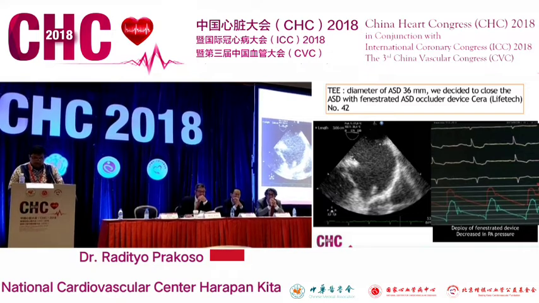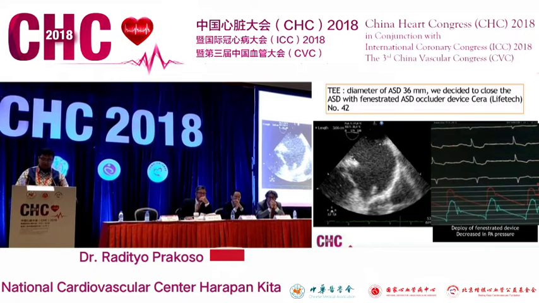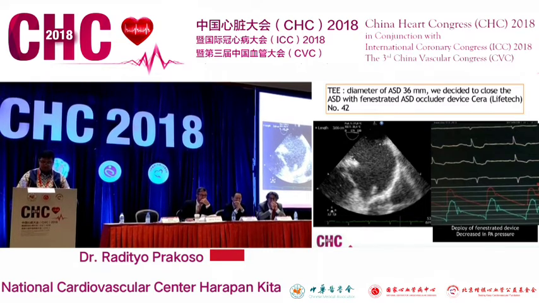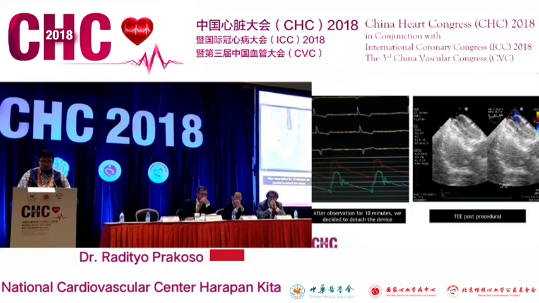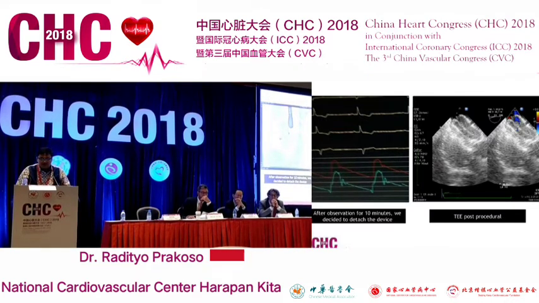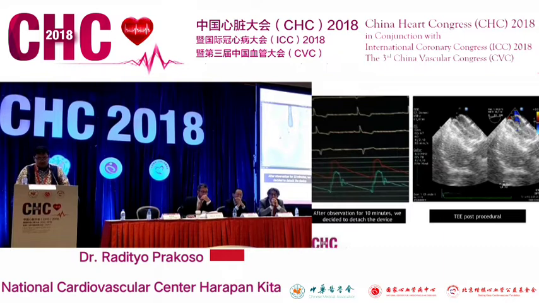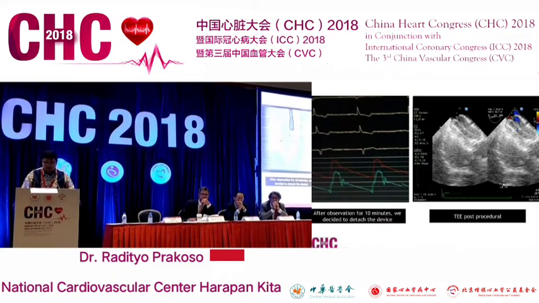And then the result is an immediate fall in pressure in the pulmonary artery. The functional state of the patient is very good. After 3 months, the patient's functional class decreased from functional class 3 to functional class 1. Very good.